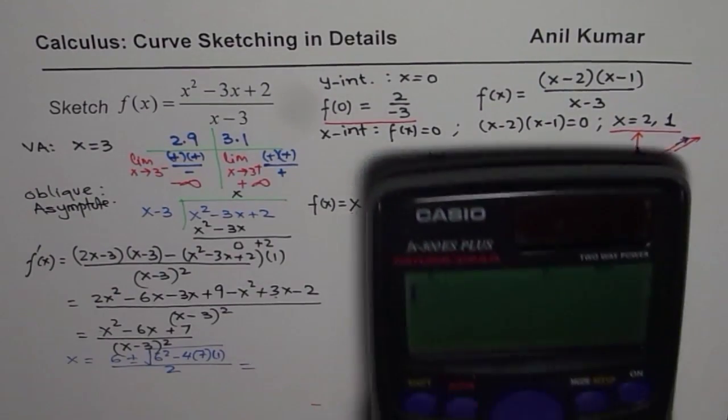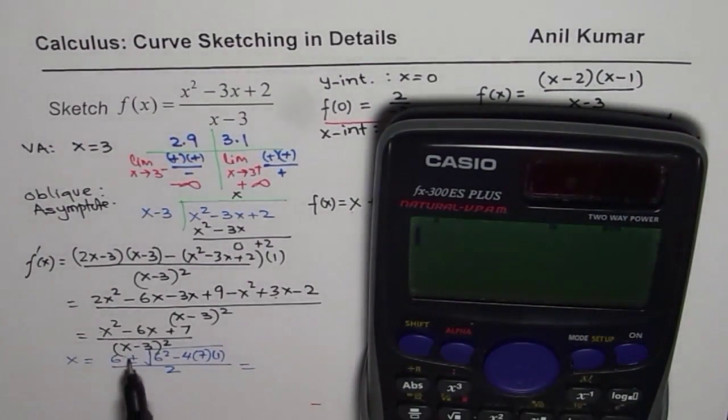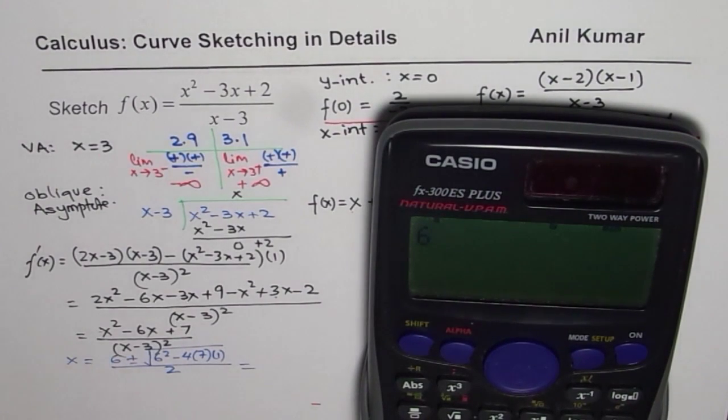So first we'll take the positive quantity: 6 plus, within the square root, we have 6 square minus 4 times 7, we get some number, and we divide this by 2. That gives us the answer in decimals.